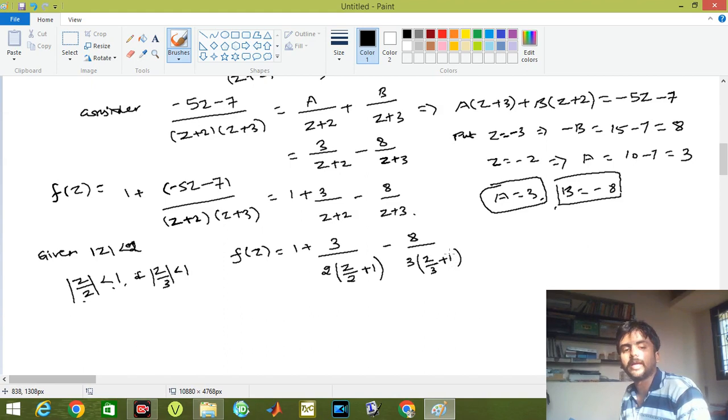Why have I made these changes? As we said in the beginning, we can make use of the binomial series expansion. What is binomial series expansion?